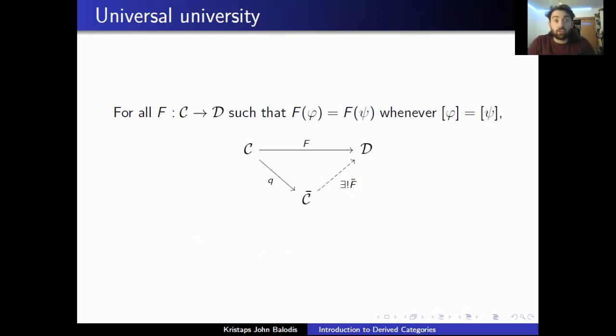Again, I would suggest you look at the universal property of quotients for abelian groups, or the universal property of quotients of modules, and just compare it to what I've written on the screen here. And it somehow has the same sort of sense. So if you didn't know the definition of a quotient of a category before, you might somehow be led to this by understanding definitions of quotients in other categories.